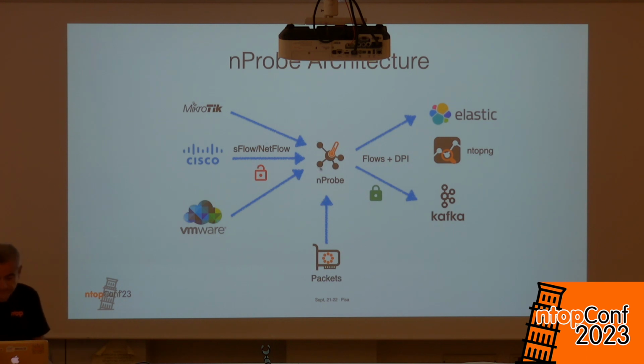So mprobe can receive this data, or can collect the packets from the network, simply capturing traffic, and re-export them in various formats, either to nDPI, or to other types of consumers. That can be a router, if it acts as a proxy, or a remote Elastic instance, or Kafka. And they can be encrypted, optionally. So you can have encrypted or unencrypted. It can be a gateway, or it can be a source of transformation from packets to flows.